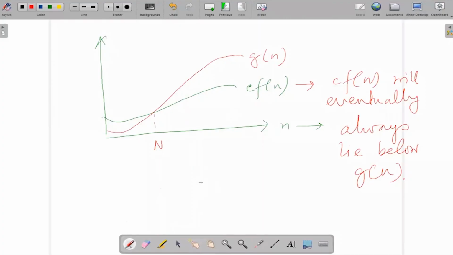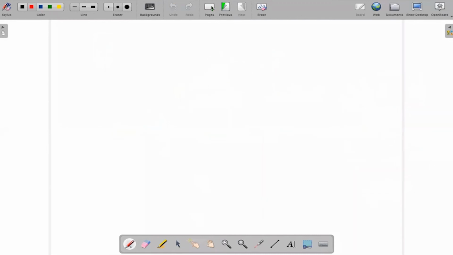So now let us look into some examples of lower bounds. Again, consider the exchange sort case.